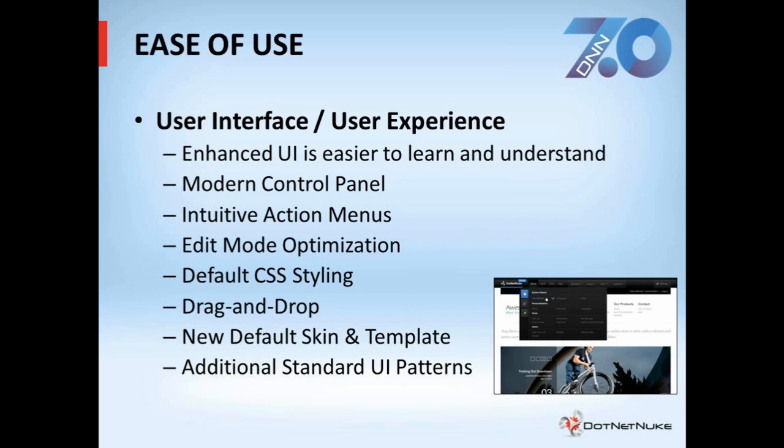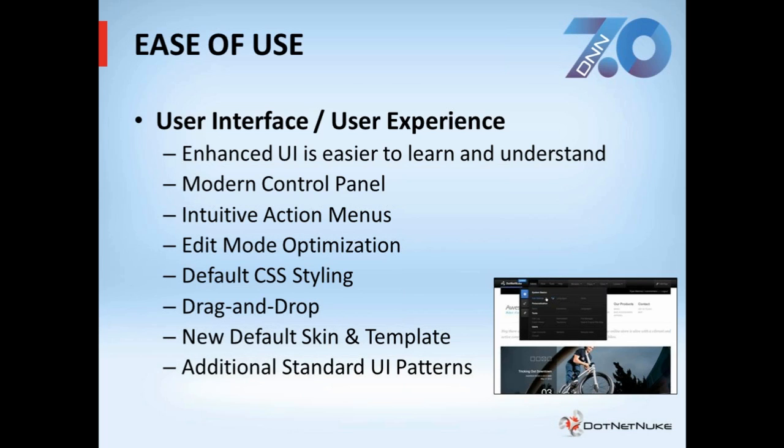We've introduced a new default skin and template, again to help modernize the platform and also further our story about the fact that you can use DotNetNuke to build very rich, compelling websites. Building on what we introduced in DotNetNuke 6, we've taken our standard UI patterns further.